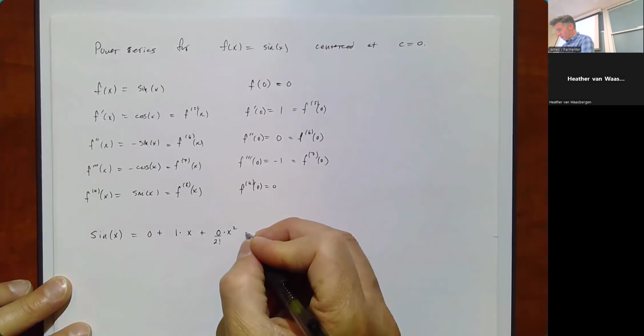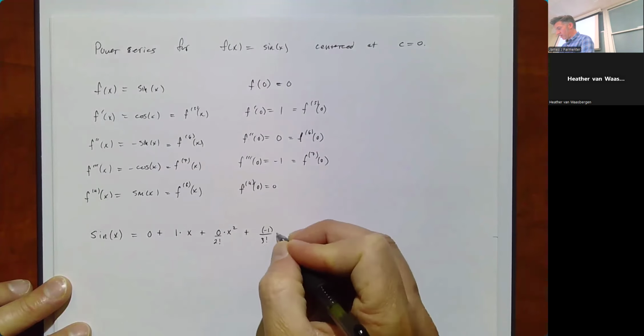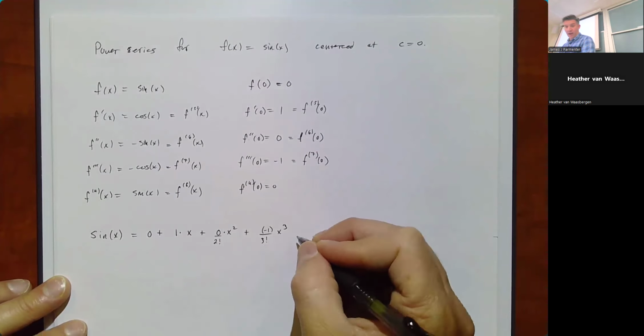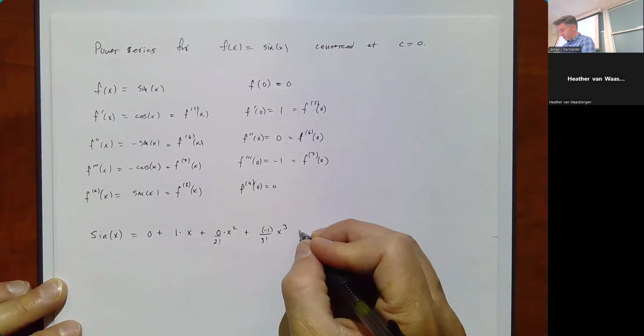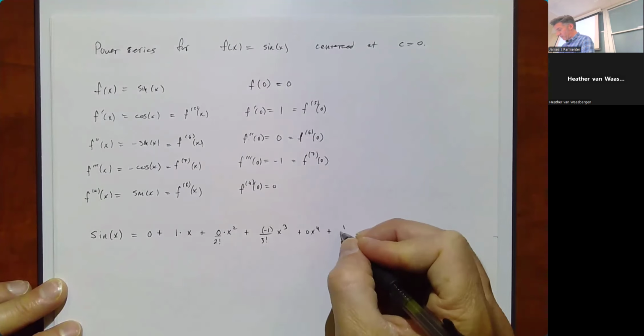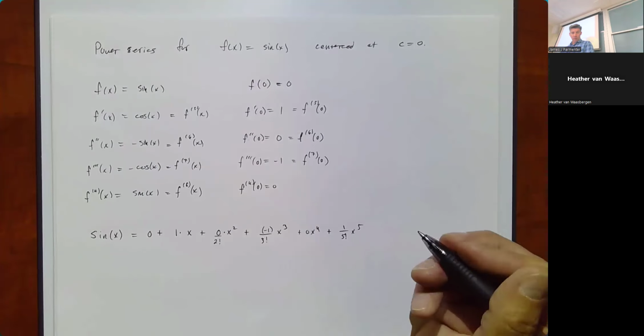And then my next term is going to be plus negative 1 over 3 factorial times x minus 0 cubed. And then I'm not going to get an x to the fourth term, I'm going to get 0x to the fourth. And then I'm going to get a positive 1 over 5 factorial times x to the fifth. And so we can start to see an emergent pattern.